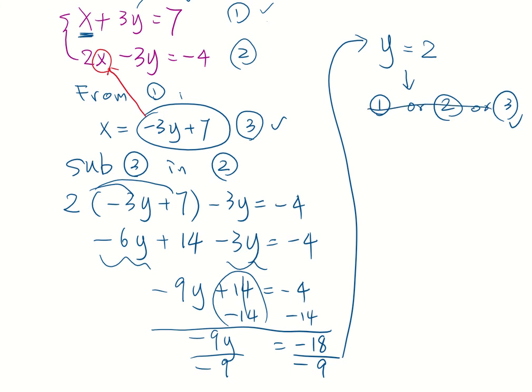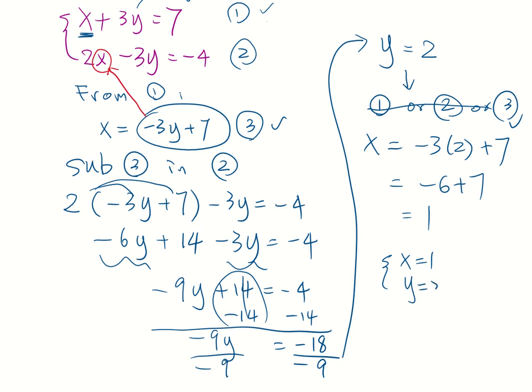So I'm going to plug it into equation 3. You have x equals -3, instead of y, I'm replacing by 2. So that's -6 plus 7, which is +1. So that means the solution is x equals 1, y equals 2, or you can say it's 1, 2.